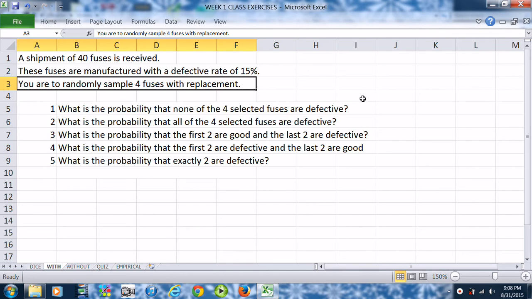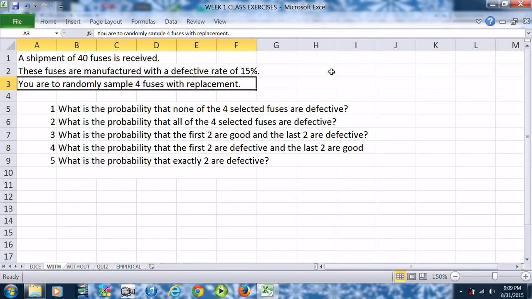So this means we select a fuse, test it to see whether it is defective or not, then replace the fuse in the box, mix them all up, and select another fuse and test it to see if it's defective or not. So it's possible we can pick the same fuse more than once.